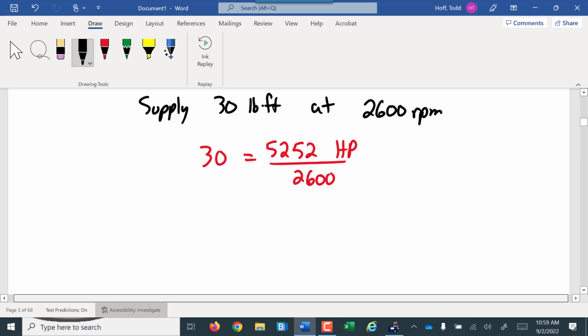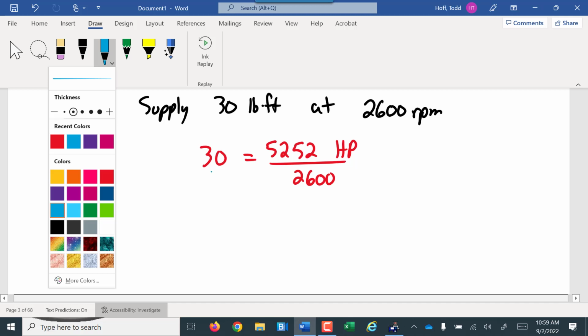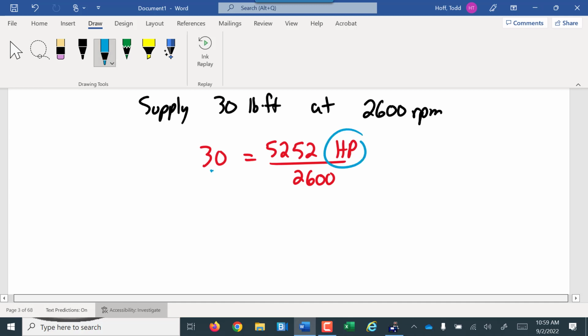So now here, we can just solve an equation. So we got the 30 here. On the other side, we have to get horsepower by itself. It's being divided by the 2,600. So to get rid of the 2,600, we do the opposite. We multiply by 2,600. So 30 times 2,600 is 78,000, I believe.